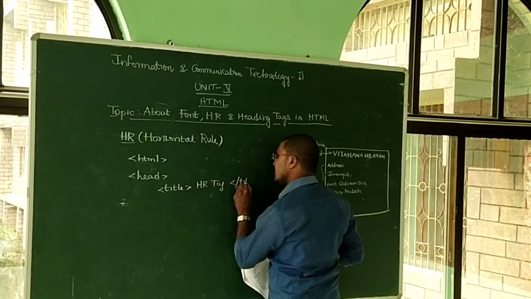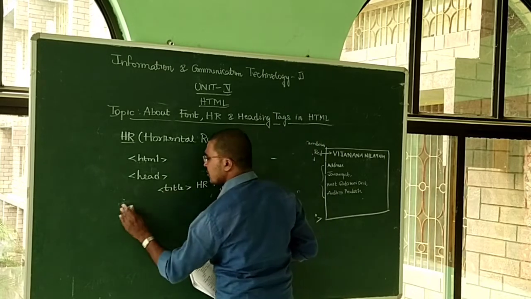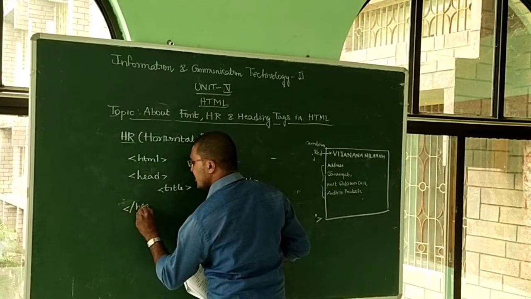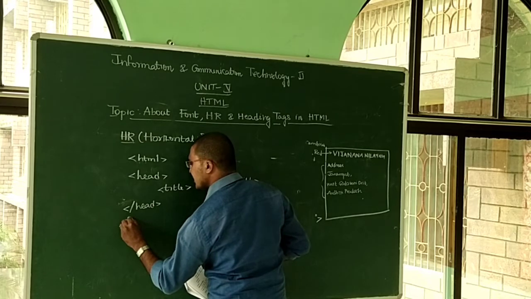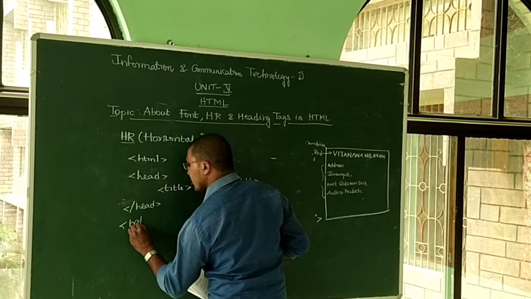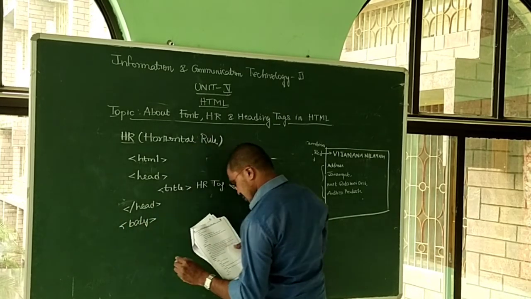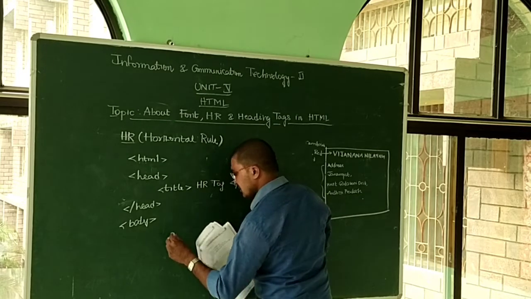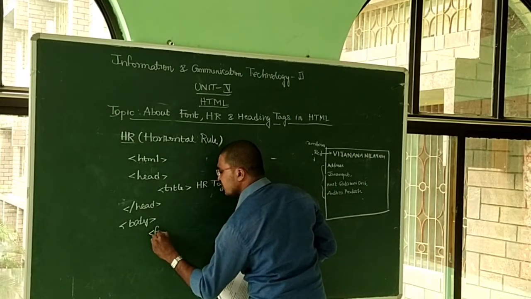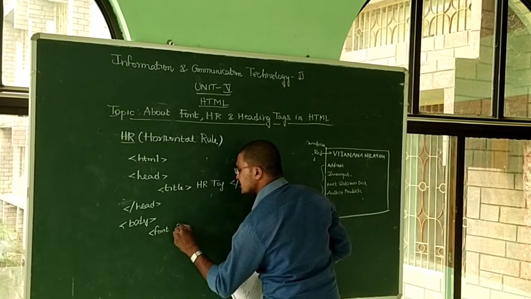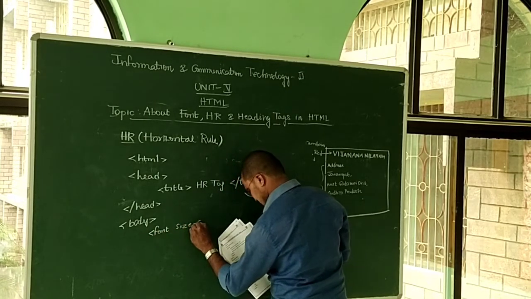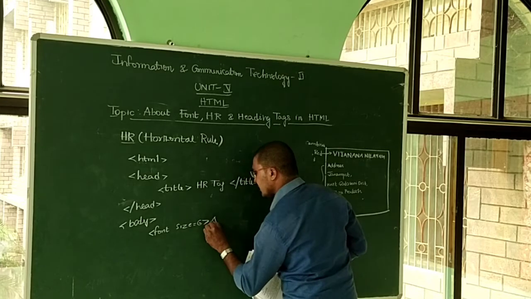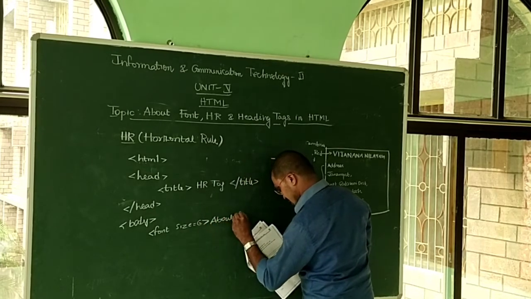Then the title ends. Once the title ends, immediately close the head tag also. Once the head tag is closed, immediately open the body tag. Once the body tag is opened, first make a simple font with size 6, the heading about horizontal ruler.